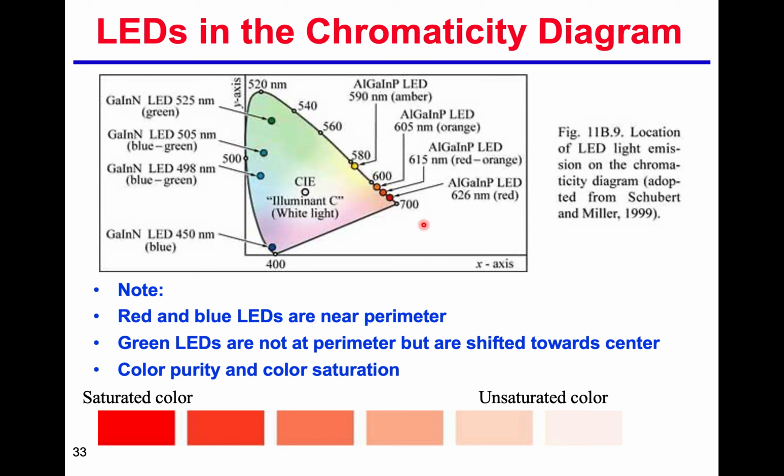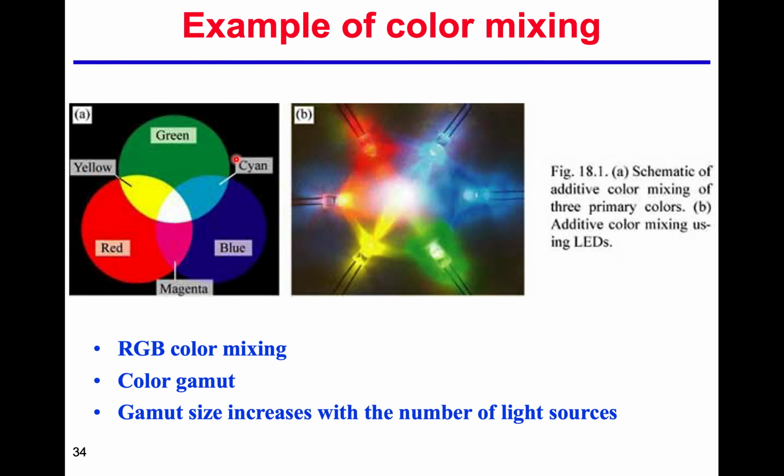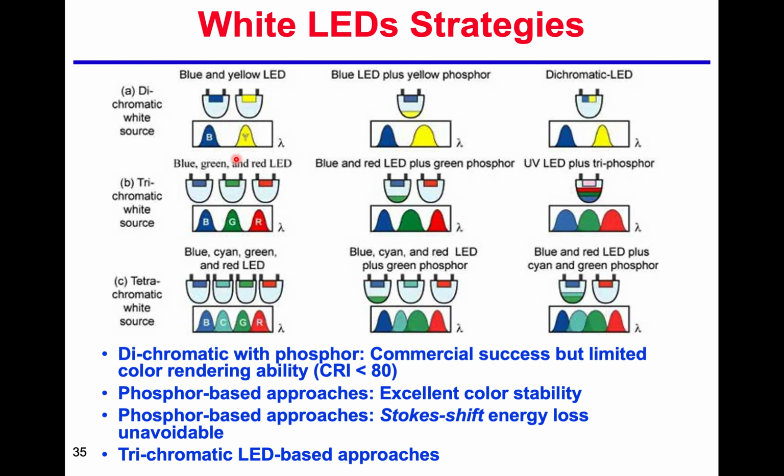Right now with LEDs we can cover the whole spectrum range, and we can mix different colors. To achieve white emission, we can use a blue LED plus yellow phosphor, and that is what we use.